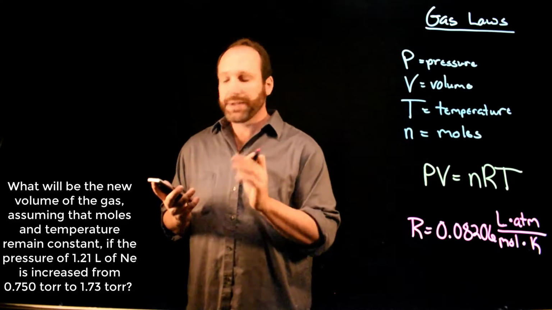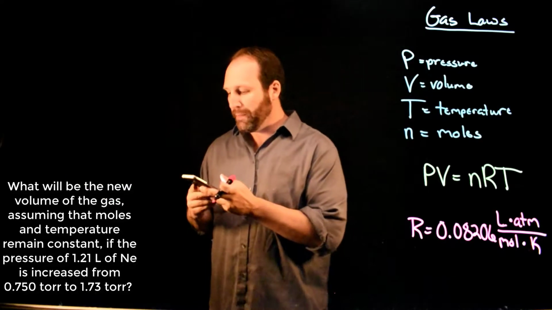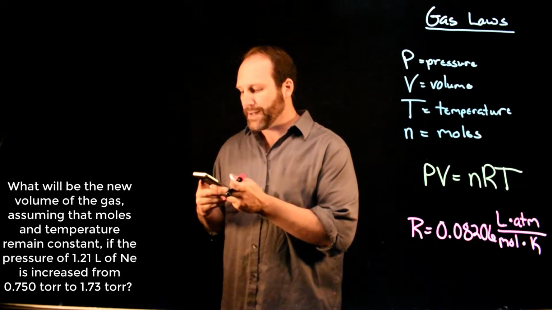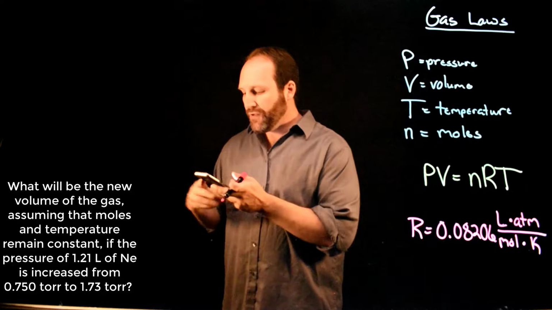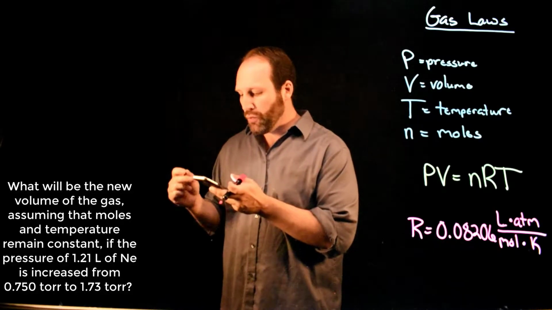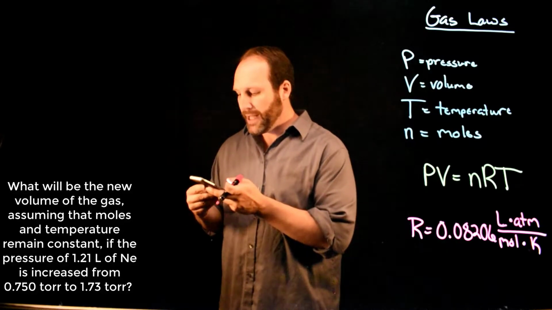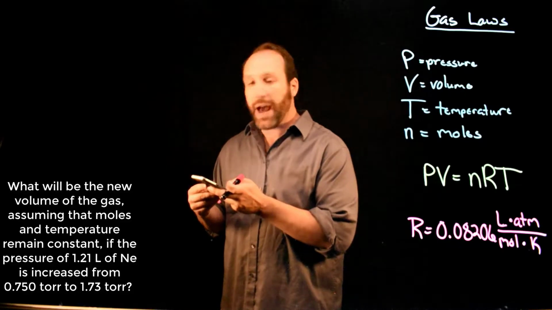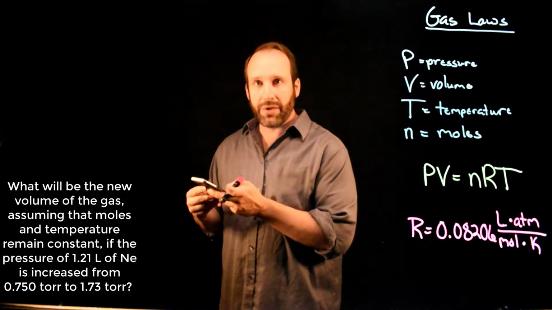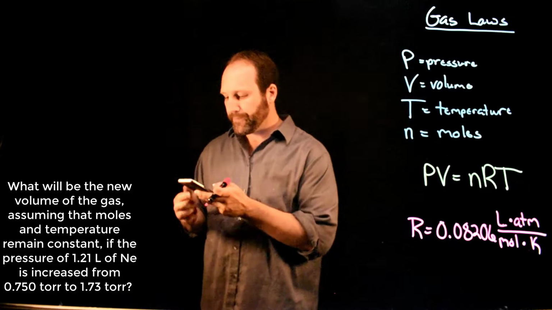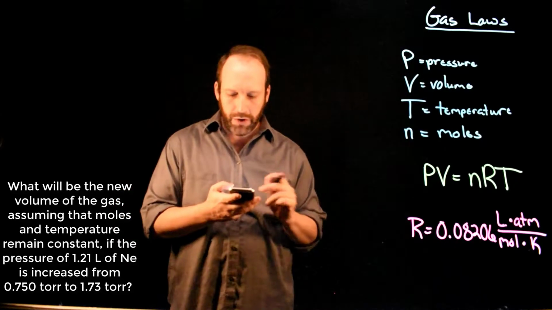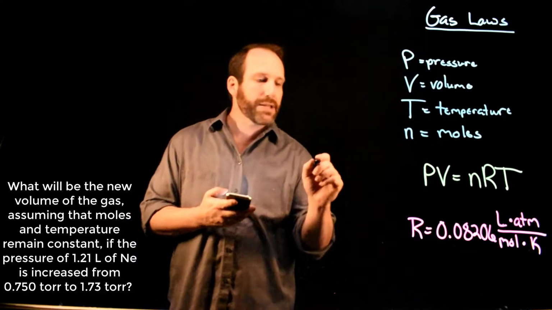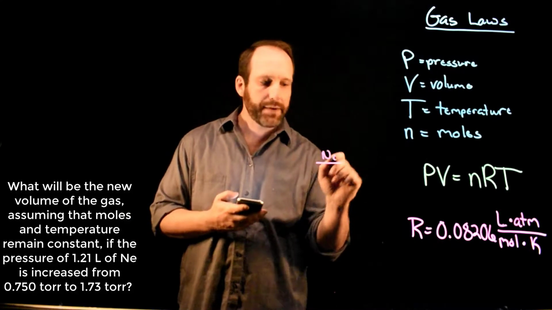So what we're asked is, what will be the new volume of the gas, assuming that moles and temperature remain constant, if the pressure of 1.21 liters of neon is increased from 0.75 torr to 1.73 torr, okay? So let's keep track of our units here. We've got some sample of neon gas, okay?